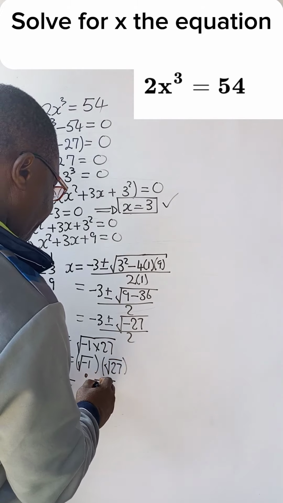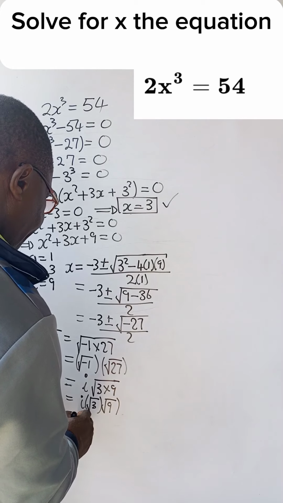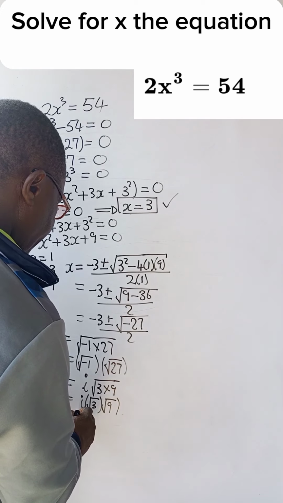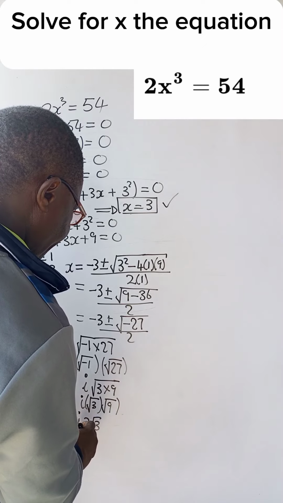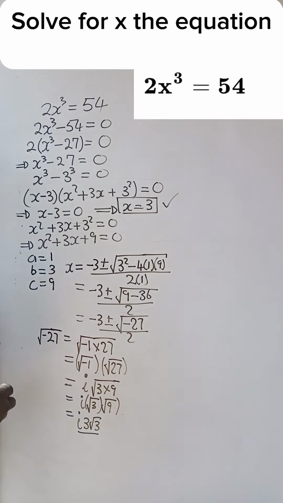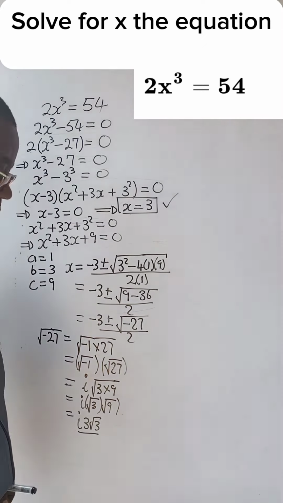The root of 9 is 3. So this simply gives us i 3 root 3. So the root of negative 27 is i 3 root 3.